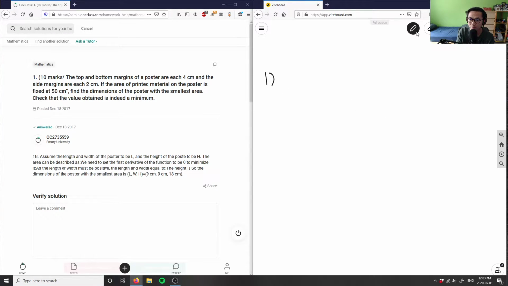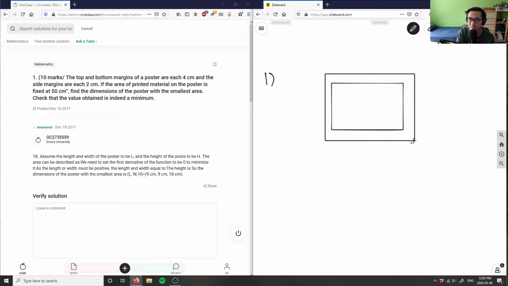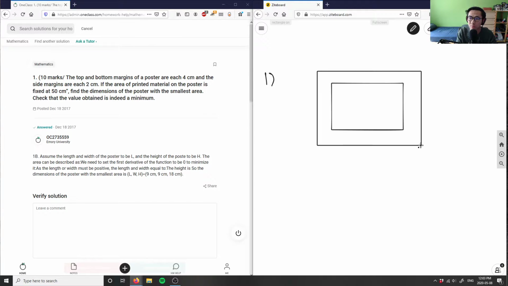I'm going to make a diagram here, a rectangle. This here is our poster, and then we have the margins of the poster, so something slightly bigger. That looks good.